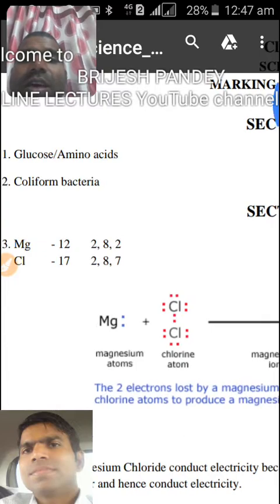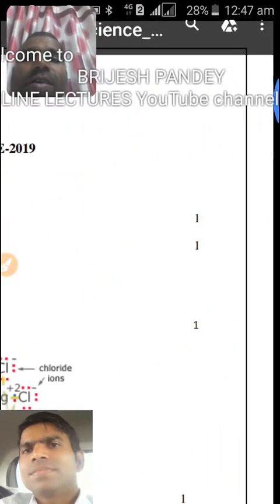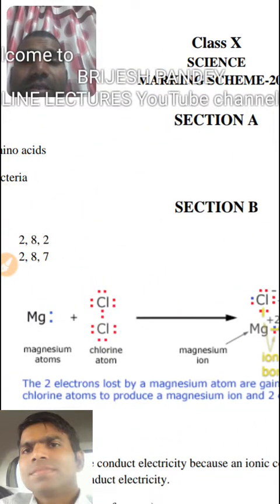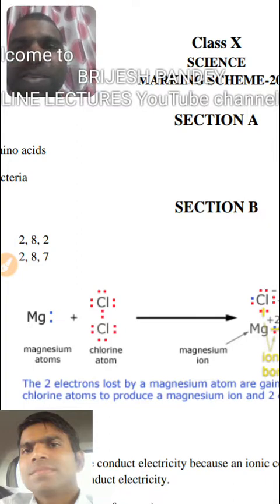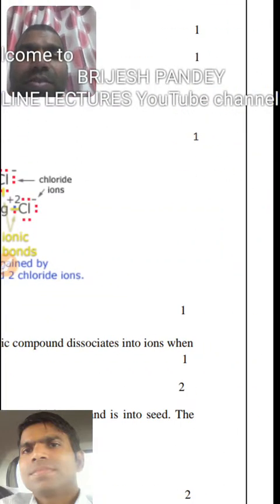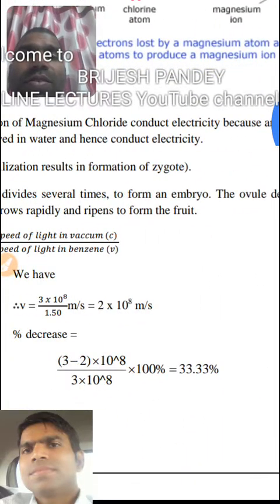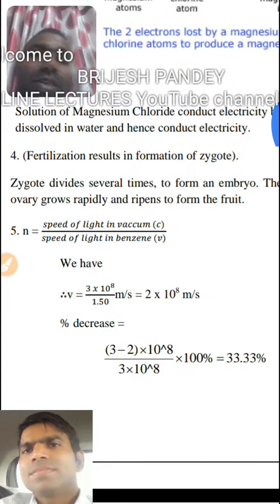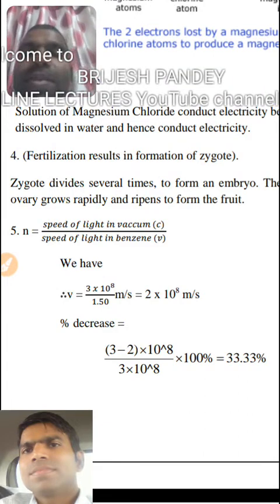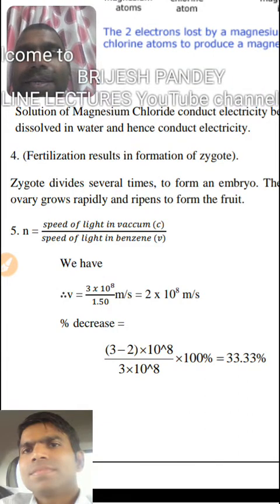In section A, for the first and second questions, you will get 1 mark. This is the answer sheet also, so you are getting one entire solved question paper set. Section B is of 1 mark again. When you go to question 4, it is of 2 marks, asking about the zygote, that is biology. It may be in plants also, it may be in humans also, the zygote.